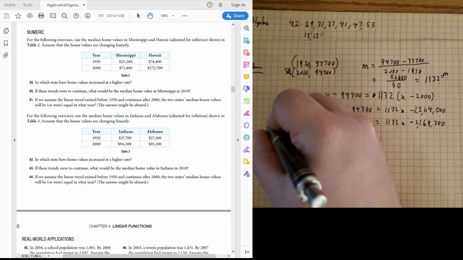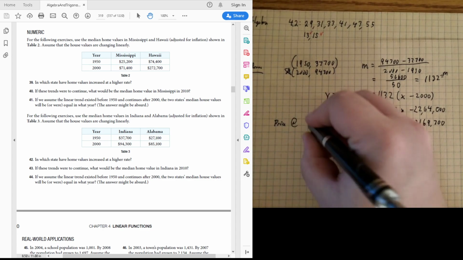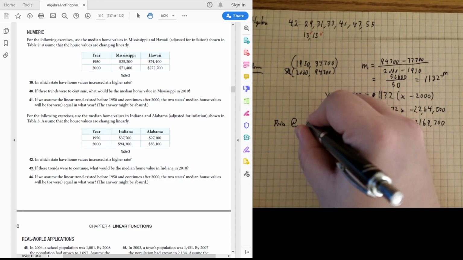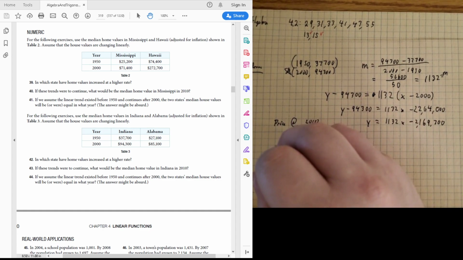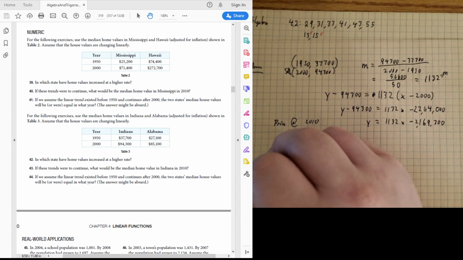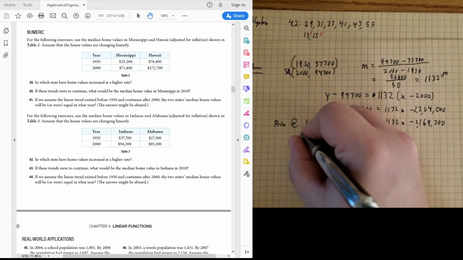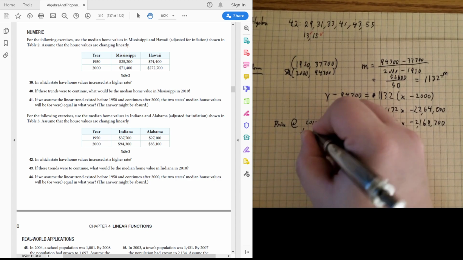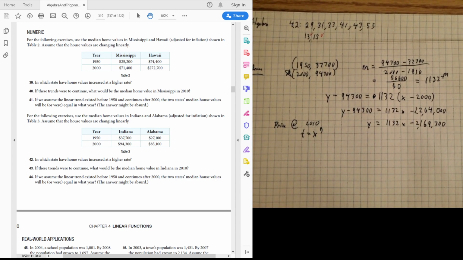And the question asks specifically, what's the price going to be at the year 2010 if we assume this housing market stays the same? Now, to answer that, in this case, the 2010 is a time. In other words, it's an x. So what I'm going to do is plug in 2010 for x and see what happens.